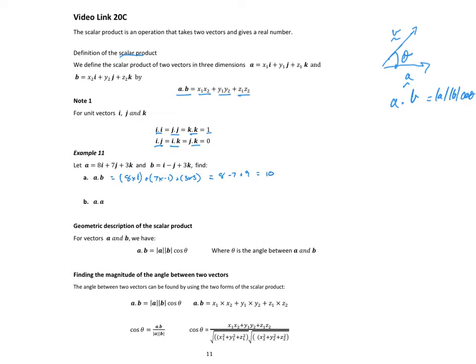A dot A, we're just dotting itself, so the I components multiply each other, the J components, and the K components. So it's 64 plus 49 plus 9, which is 122.